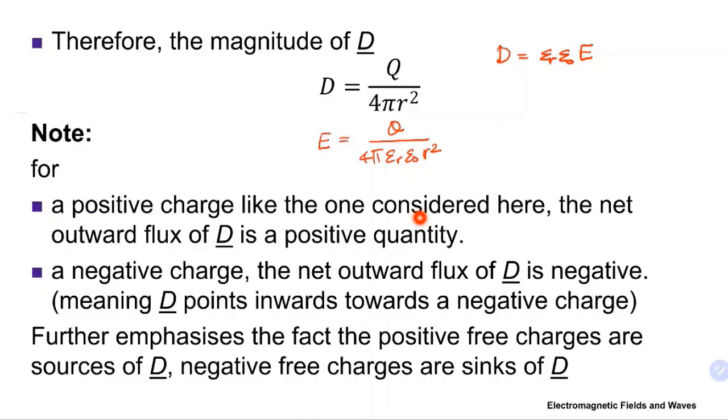So here we have used Gauss' law to find D, and then you can use the relationship here to find E, and that gets back to our Coulomb's law, as what we understand of the electric field of a point charge.